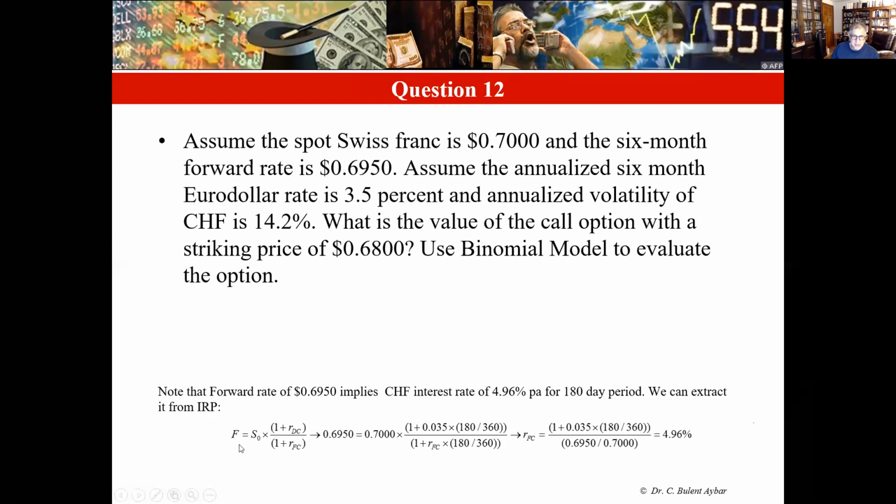As I mentioned, the foreign interest rate is already embedded in the forward rate. So if you remember the IRP condition, we can solve for the Swiss franc interest rate from this equation in here, which I did. So the Swiss franc interest rate implied by this forward price should be 4.96%.